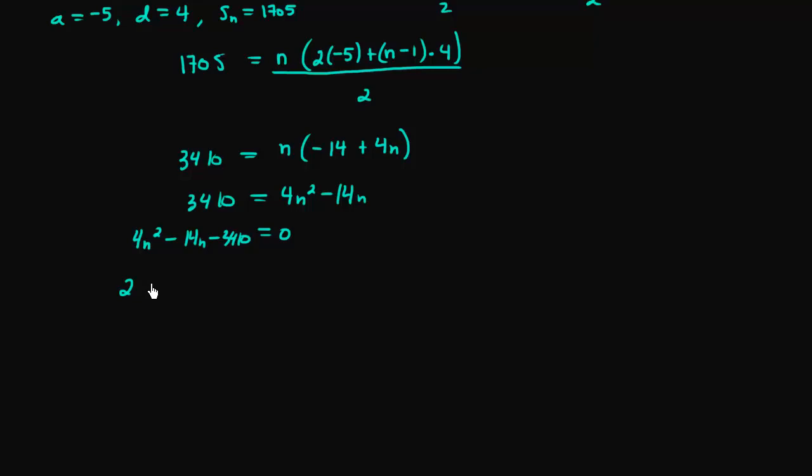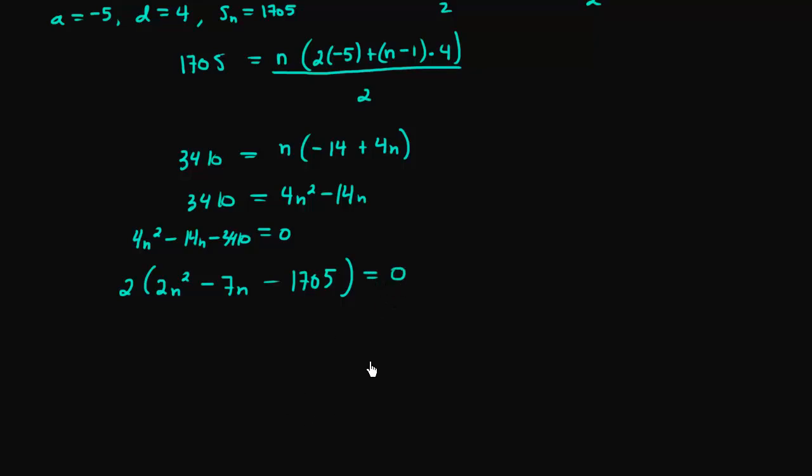So we can write this as 2 times 2n squared minus 7n minus 3,410 divided by 2, which is 1,705, and that's equivalent to 0.